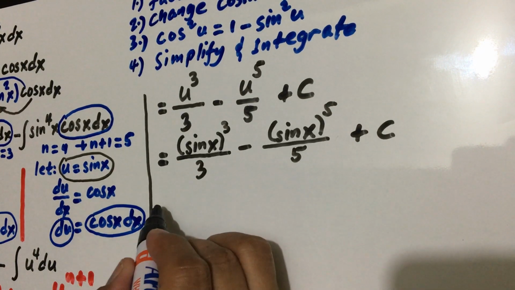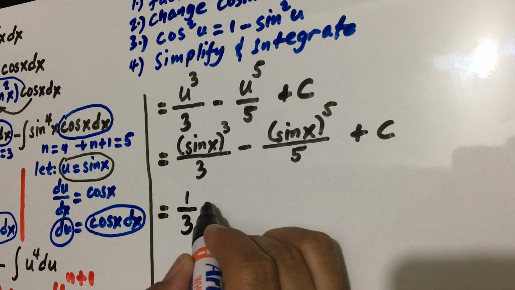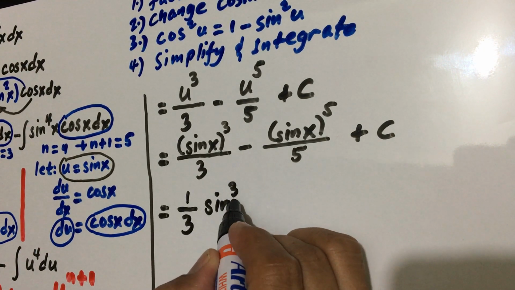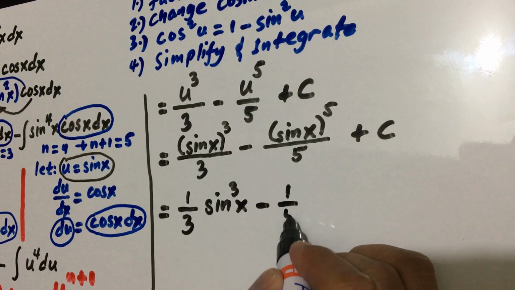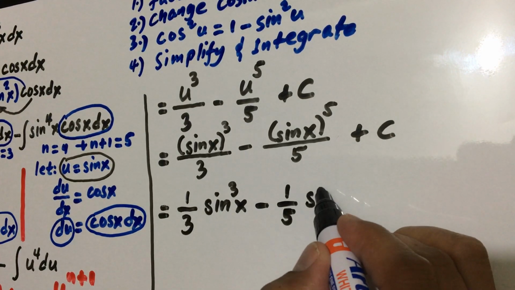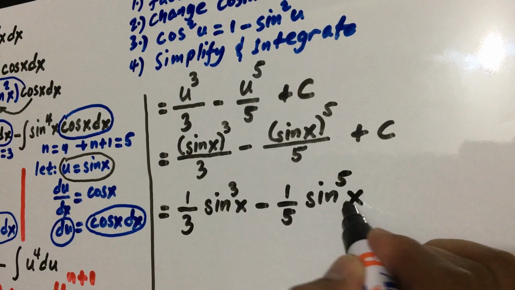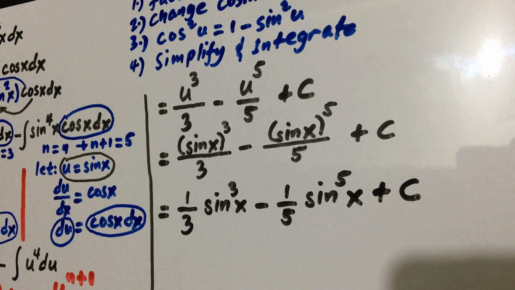Or we can rewrite this as 1/3 sine cubed x minus 1/5 sine to the 5th power of x, then plus c. So this is our final answer.